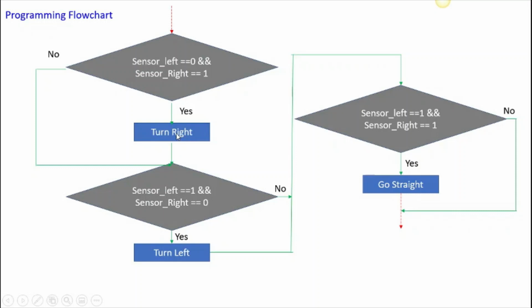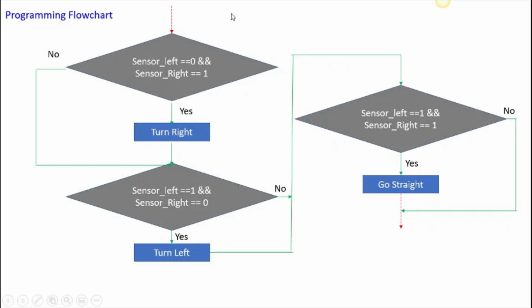Otherwise, if this condition is not true, then you move to another condition. So you will check the condition, and when it is not true, you move to another condition. When it is true, then you go to that particular function to adjust accordingly, so that the mobile robot will move back to its original path, or its original position.